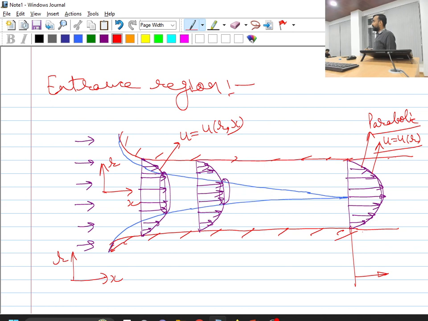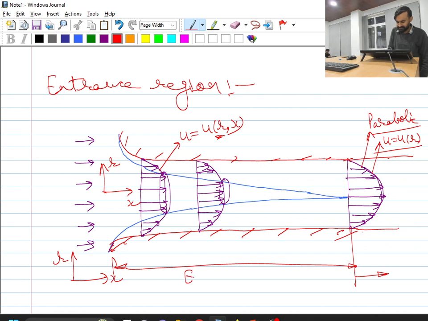Is this point clear? So if someone asks you when we can ensure that flow has fully developed, we can simply say that the point up to which there is variation of velocity in both radial and axial directions in a pipe, that particular region is called the entrance region.